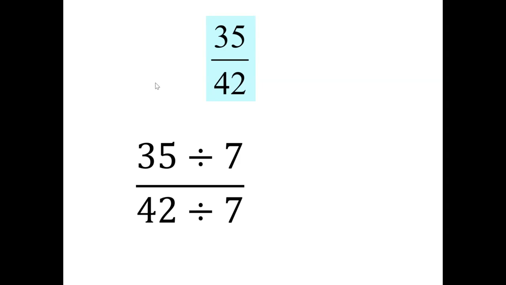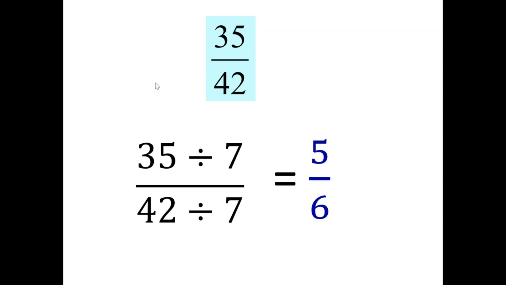example. 35 over 42. You have to think of a number which can go into 35 and 42 at the same time. The number which comes to my mind is the number 7. So you have to make sure whatever number you pick, it has to be the same number on the top and the bottom. 35 divided by 7 will give me 5. 42 divided by 7 will give me 6.